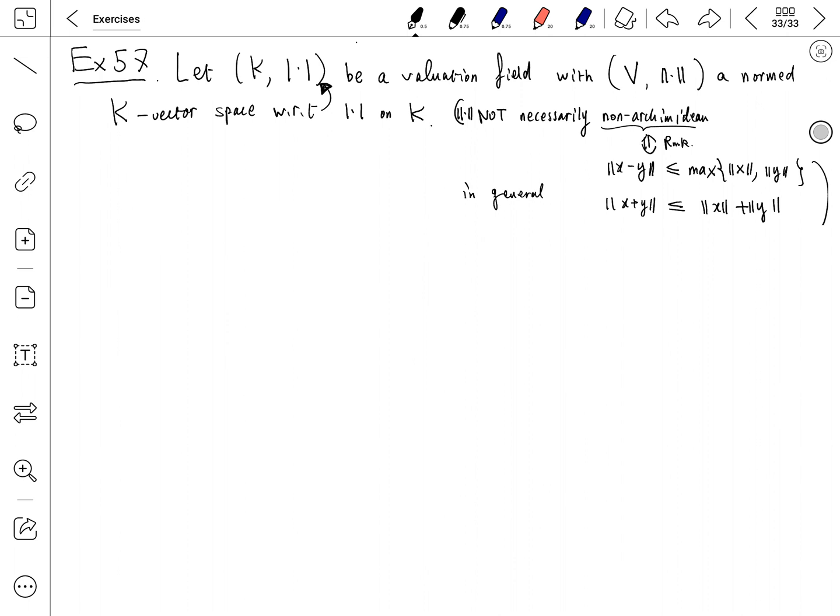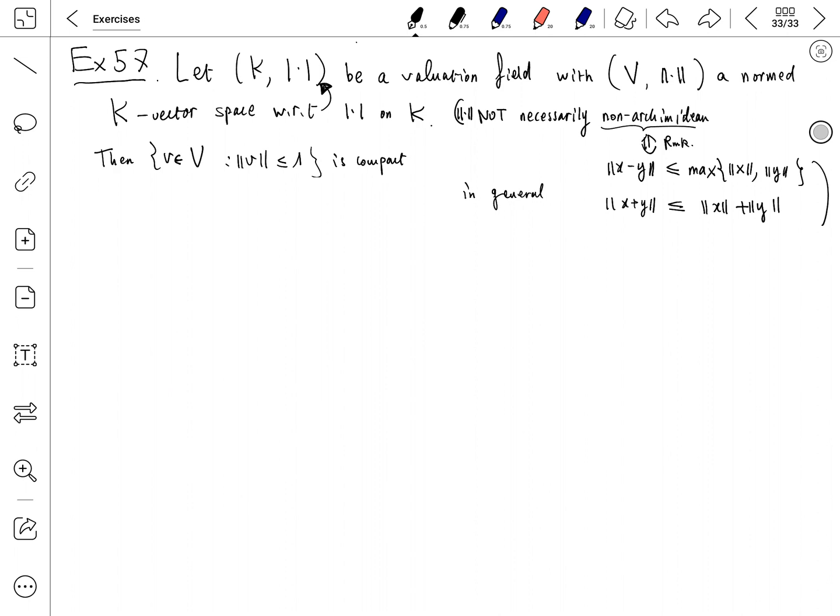What we want to prove is that the unit ball being compact, so this is a topological space, if you want, a metric space with distance induced by the norm.